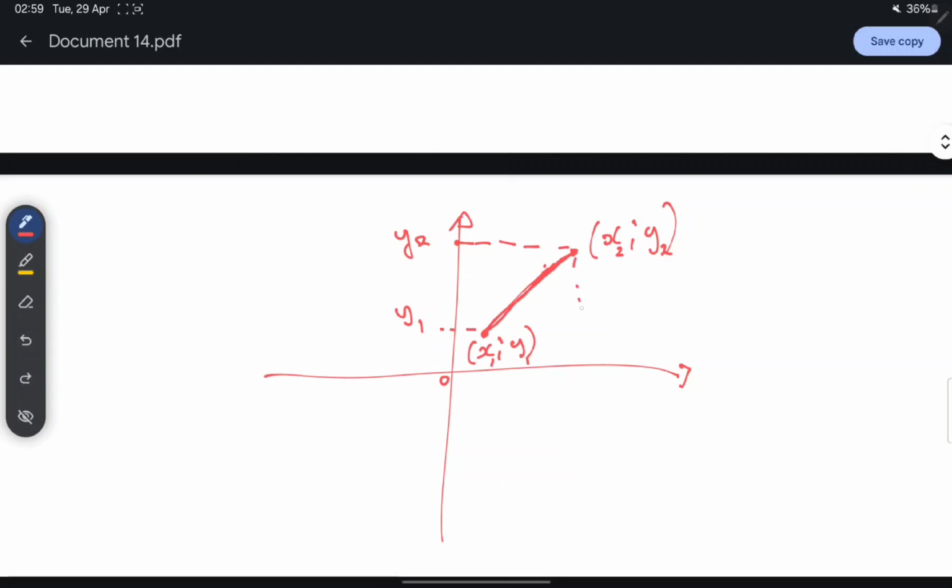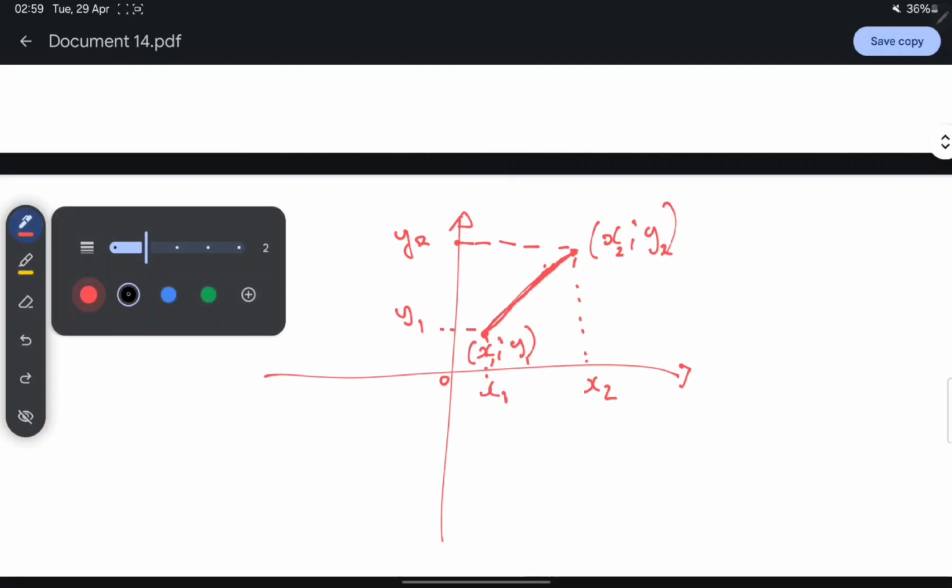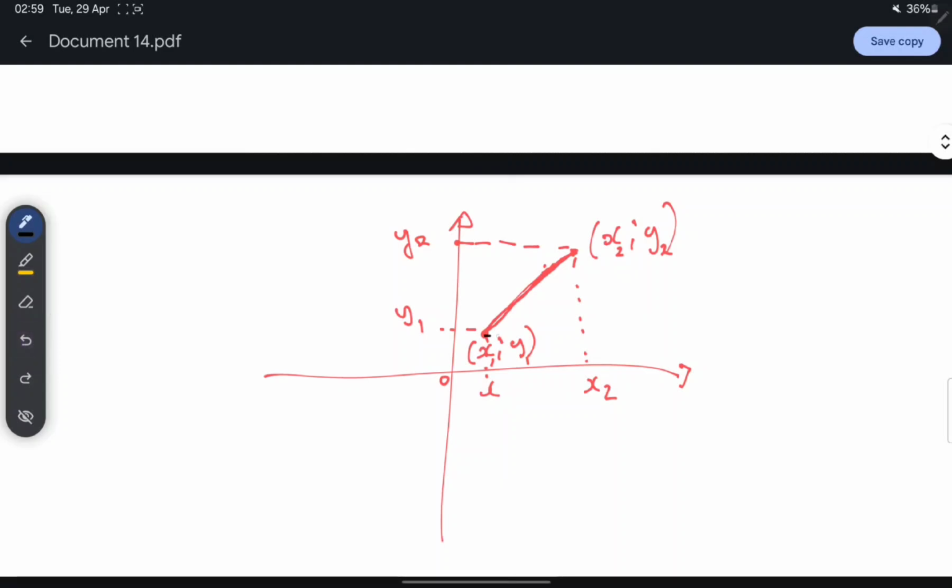The x value there is x2, and the x value here is x1. All right. If I may have this, it could be a right angle triangle.